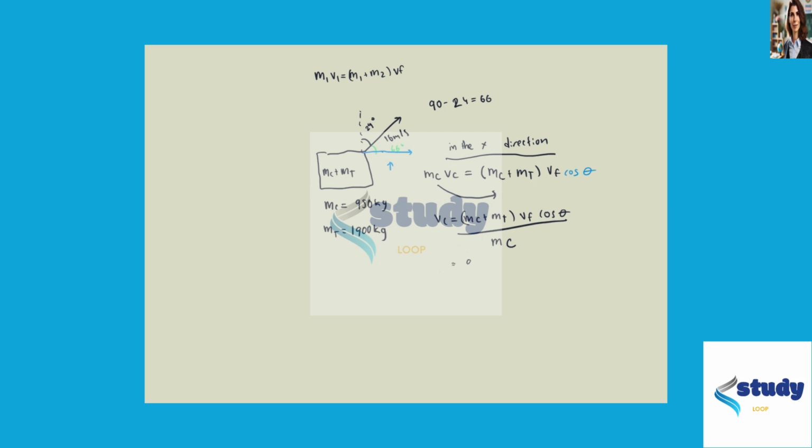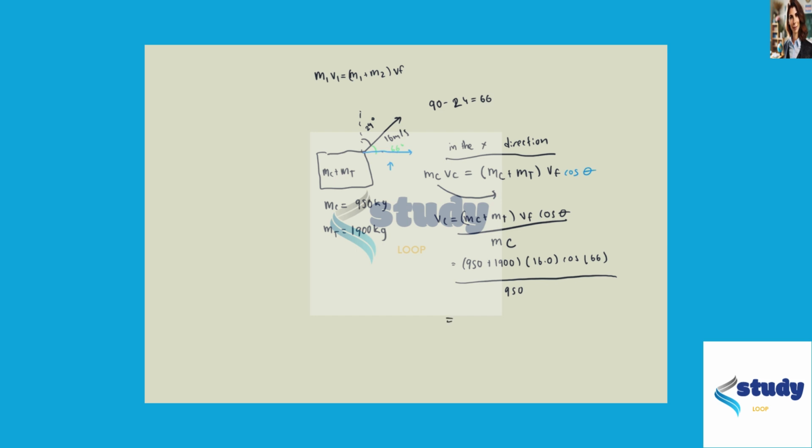So that would be 950 kilograms plus 1,900, then the final velocity, so 16, and then cosine 66, all divided by 950.